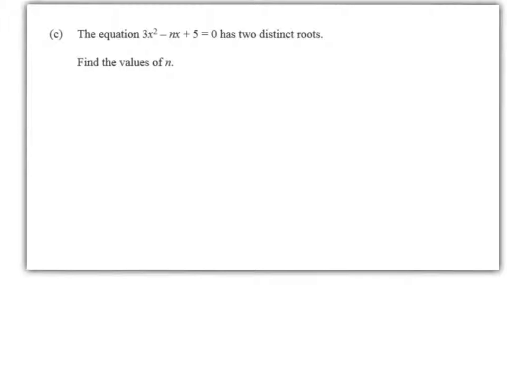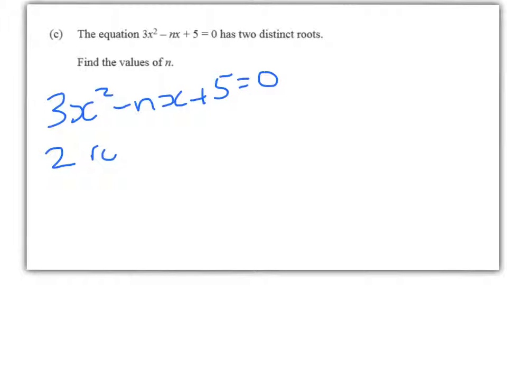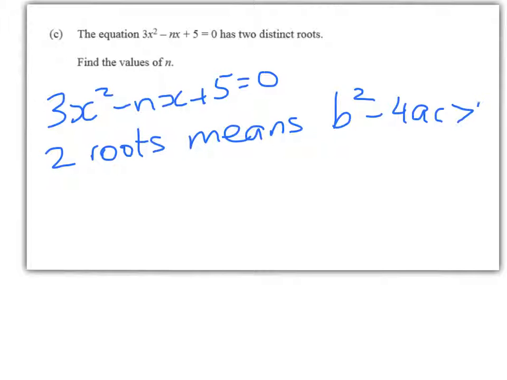Right, the next one is a discriminant problem. The equation 3x squared minus nx plus 5 equals 0 has two distinct roots. So two roots means b squared minus 4ac is greater than 0, strictly greater than 0.